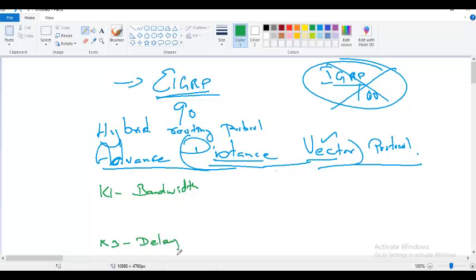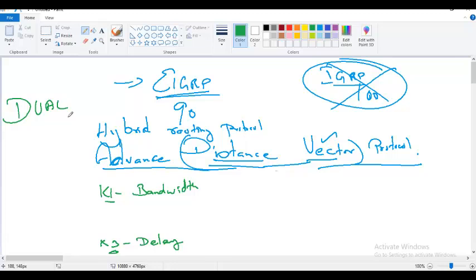You remember we saw an algorithm called DUAL, the Diffusing Update Algorithm. It has got K values. K1 means in the algorithm bandwidth. K3 means delay. K2 I did not write, the reason is it is not considered, which is load.